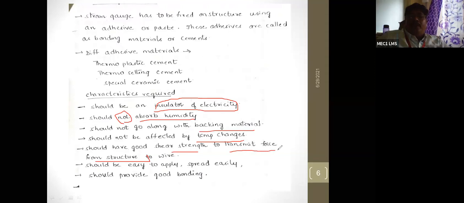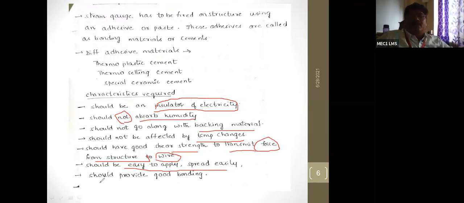This is very important. Whatever force is applied on the structure or body should be transmitted from the structure to the strain gauge or wire. It should also be easy to apply and spread easily.